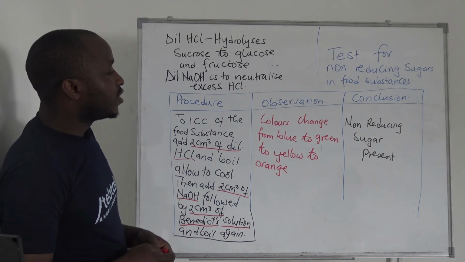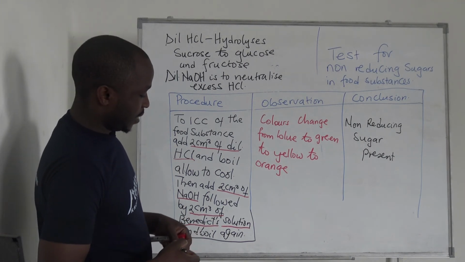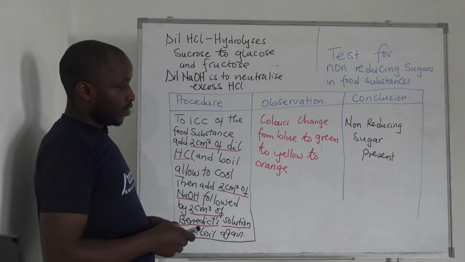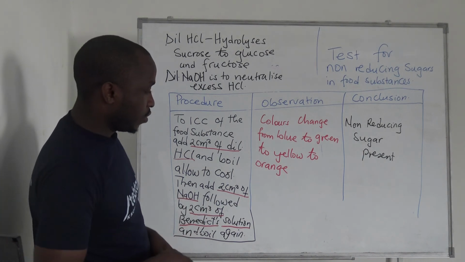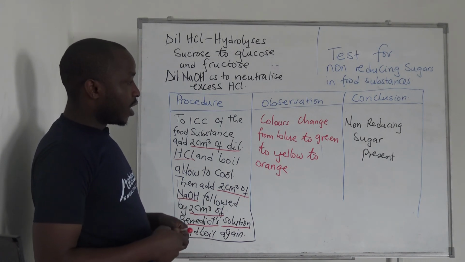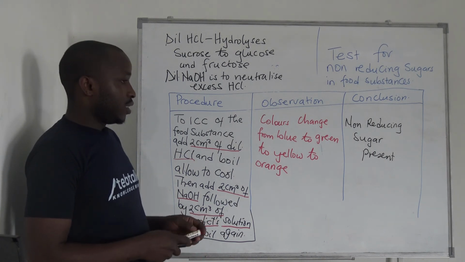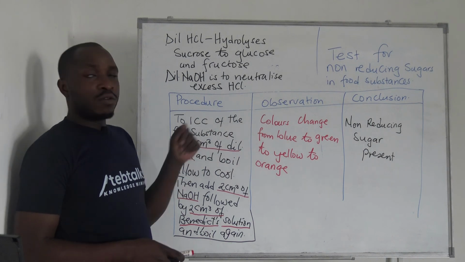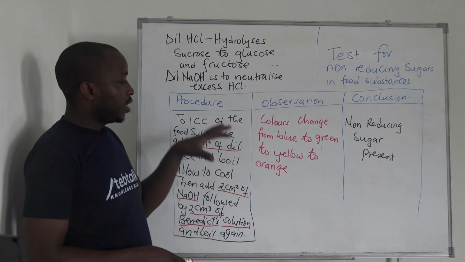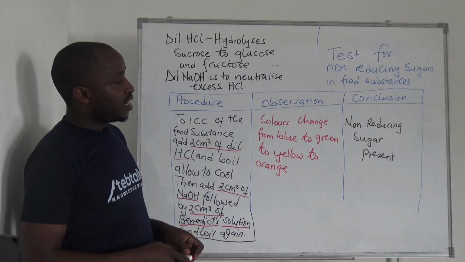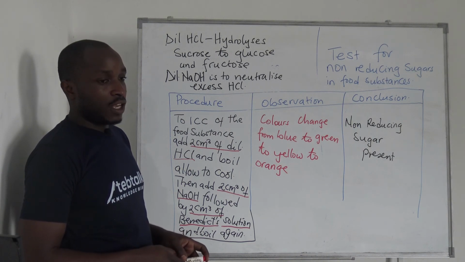So if you get a food substance that you think, or has been labeled, that it contains sugars, we can now test for them and see how much of the reducing sugars are present, how much of the non-reducing sugars are present, if any.